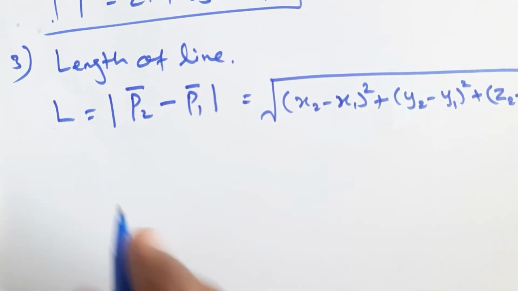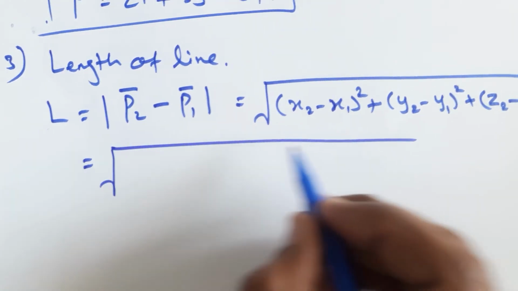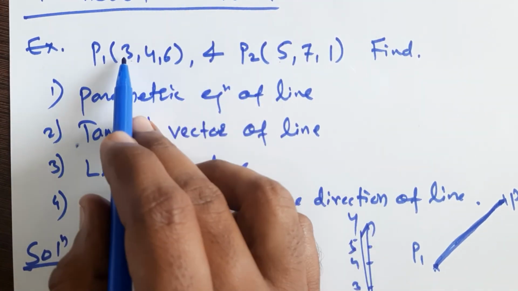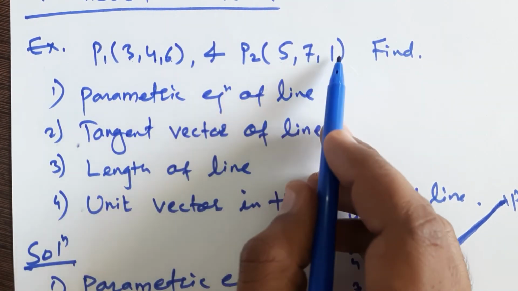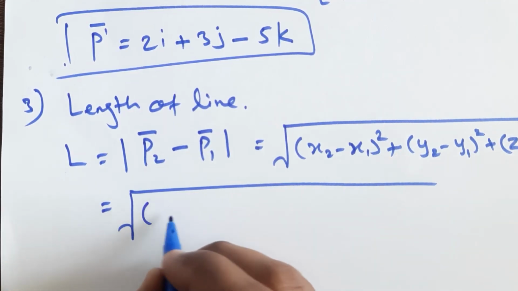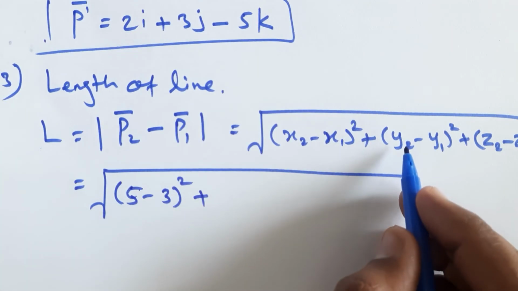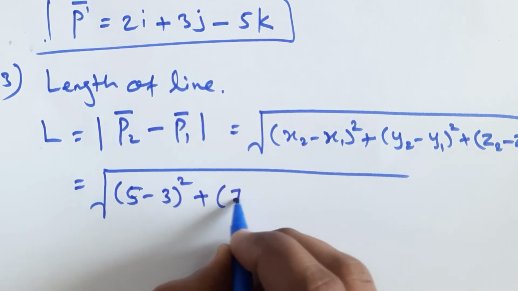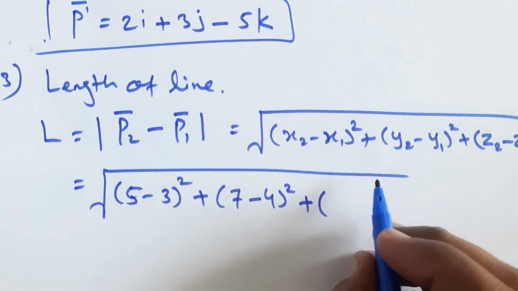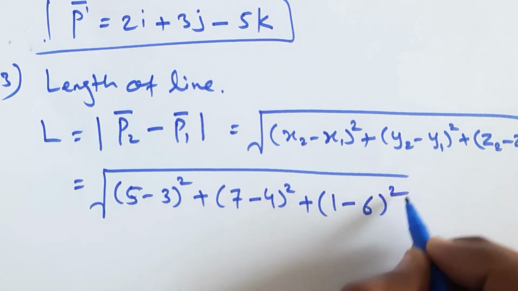We have all the values, so we substitute: x2 is 5, x1 is 3, so 5 minus 3 square, plus y2 is 7, y1 is 4, square, plus z2 is 1 minus z1 is 6, square.